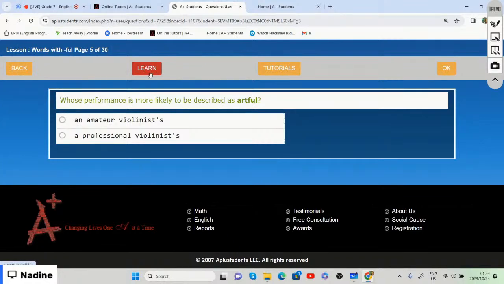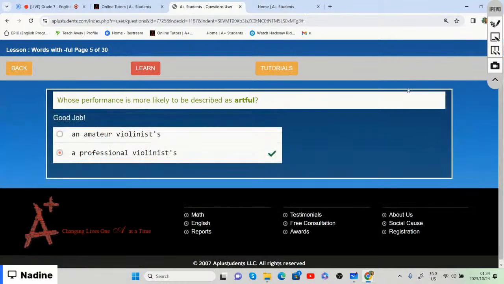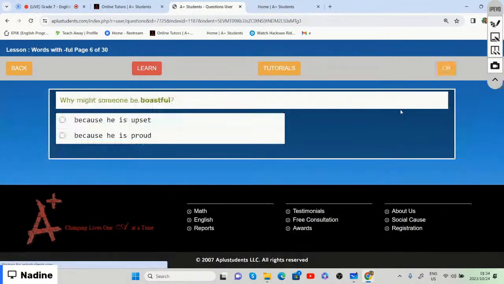So, an amateur violinist, someone that's not that good, or a professional violinist, someone that's very good. And we can say whose performance is more likely to be described as artful. We can say a professional violinist. Because it's artful, it's beautiful.